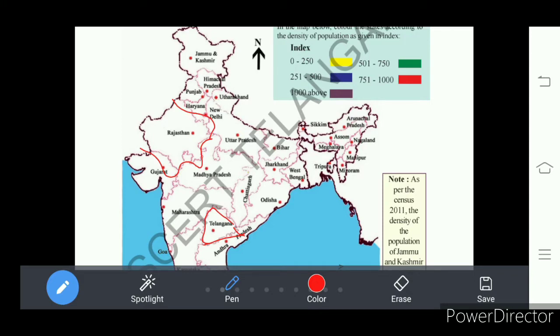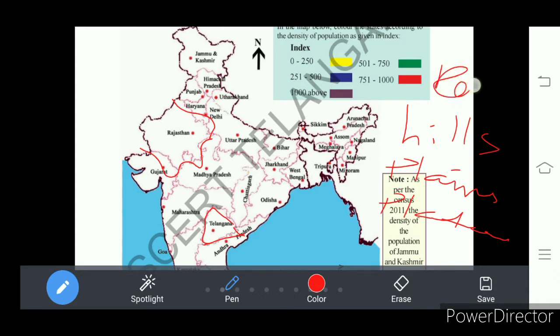Can you find here where are rivers, where are plains, where are hills? Right? We can't find hills, plains, and lands of plateaus. Can you find here rainfall?